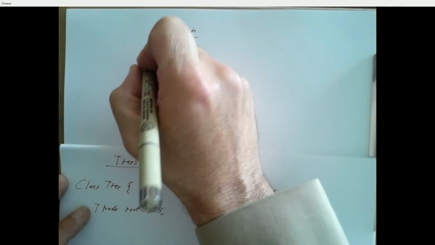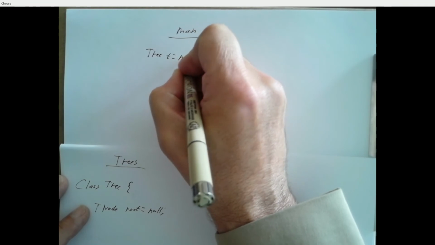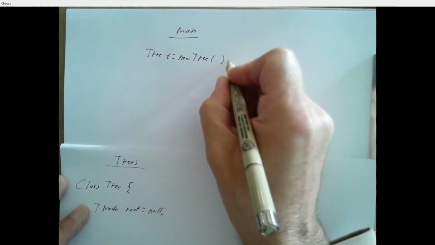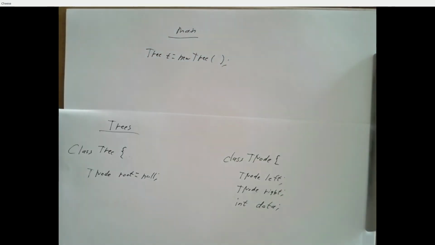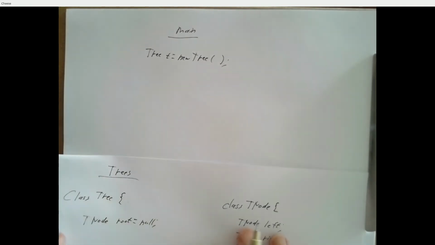Create it, yeah, we need to construct it. So we might do something like this, Tree t equals new Tree. And probably nothing we have to pass to the constructor. We could pretend to do something fancy, like take the number of nodes you expect to have and not do anything with it. But we want to construct a tree somehow, right?